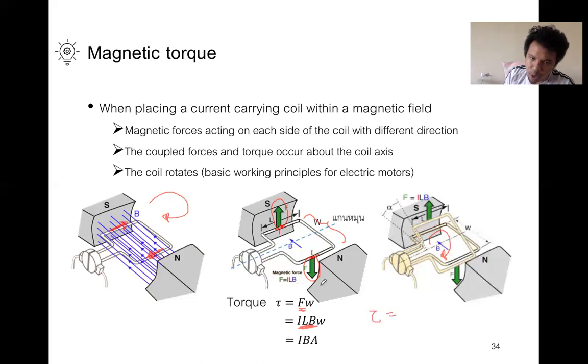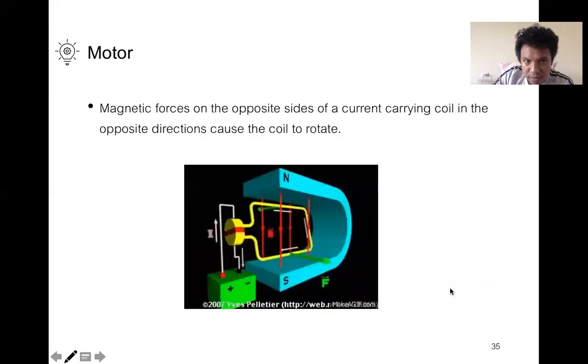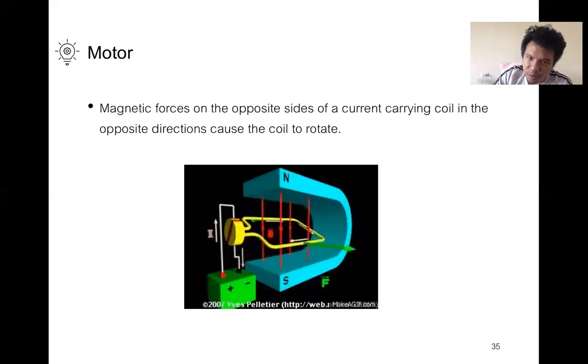If you have a coil with many turns, the current I becomes N, the number of turns, times I, so the torque will be given by NIBA. This is like the principle of the electrical motor.